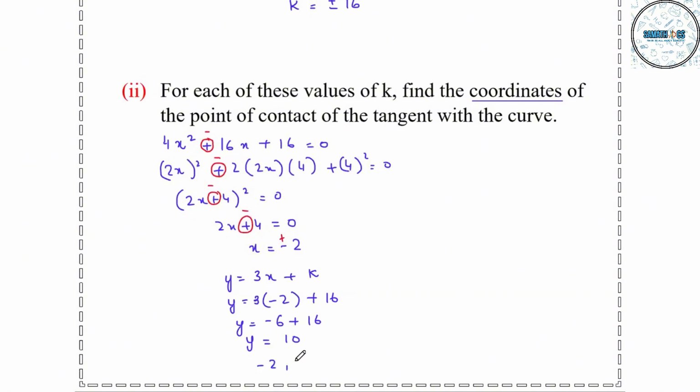So minus 2 and 10 are the coordinates. For the other coordinate, we will substitute the value of x as 2 and the value of k as minus 16. So we have 6 minus 16, which is equal to minus 10. So we have here 2 comma minus 10. These are the coordinates of the point of contact of the tangent with the curve.